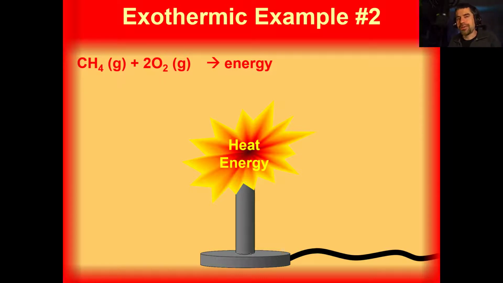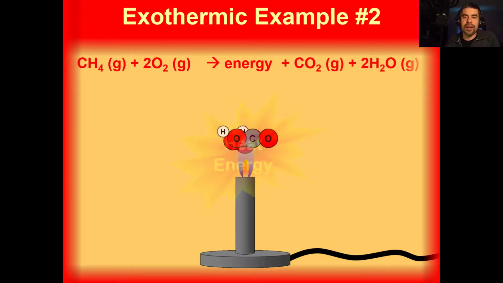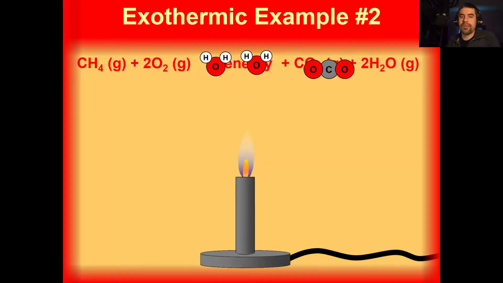They also release, as we have learned before, carbon dioxide and water, and they go out into the environment as well. So this is an exothermic chemical reaction that occurs.